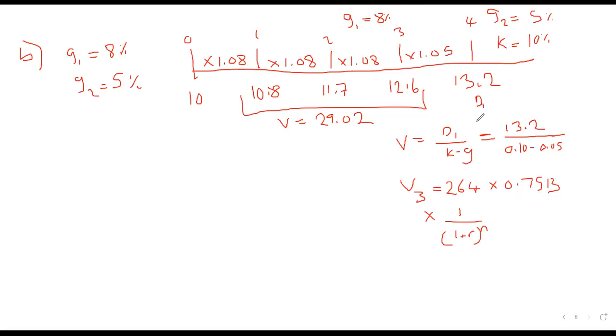Find the value of stock for the second phase. So phase 1, we found this one. Value of stock phase 2, 264 times 0.7513. What are you getting? 198.3.